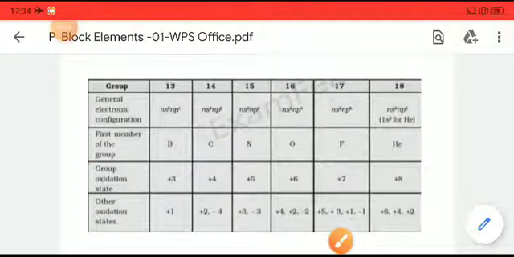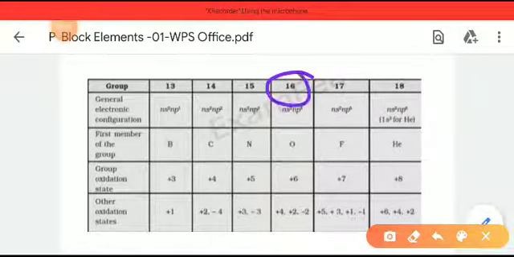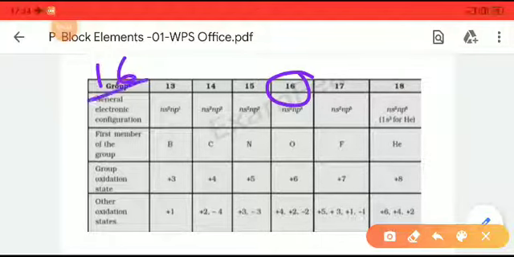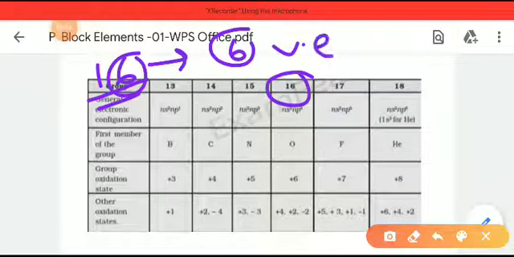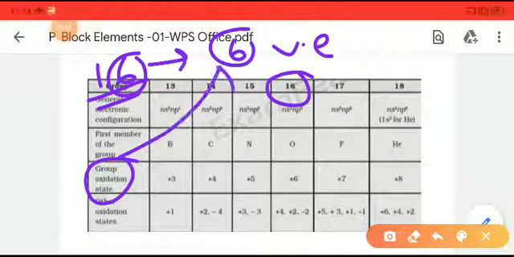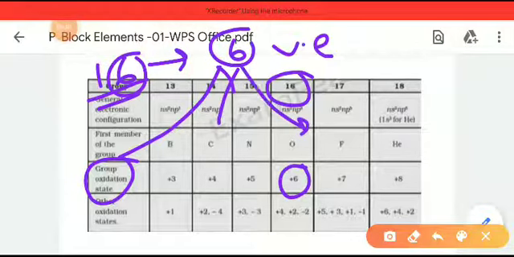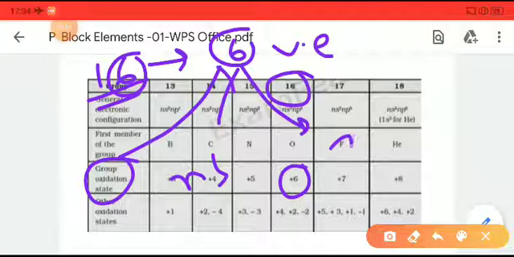Similarly we can do it for group number 16. Here the last digit is 6, so the valence electrons will be 6 as well as the group oxidation state will be 6. These 6 electrons will be divided into ns and np, where 2 electrons will be placed in the ns orbital.